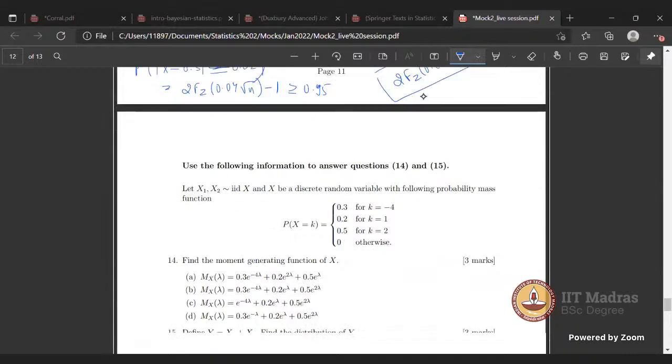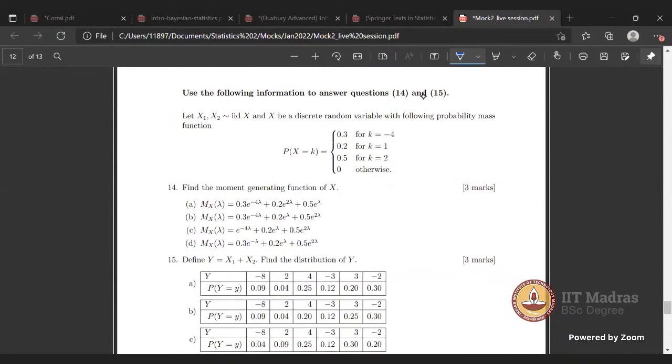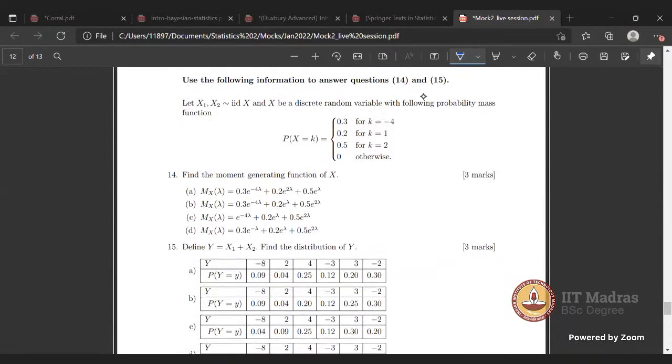Now the last part we have is for the MGF. So we have two random variables x1, x2, and they are IID x, and that follows this distribution: probability x equals k is this.